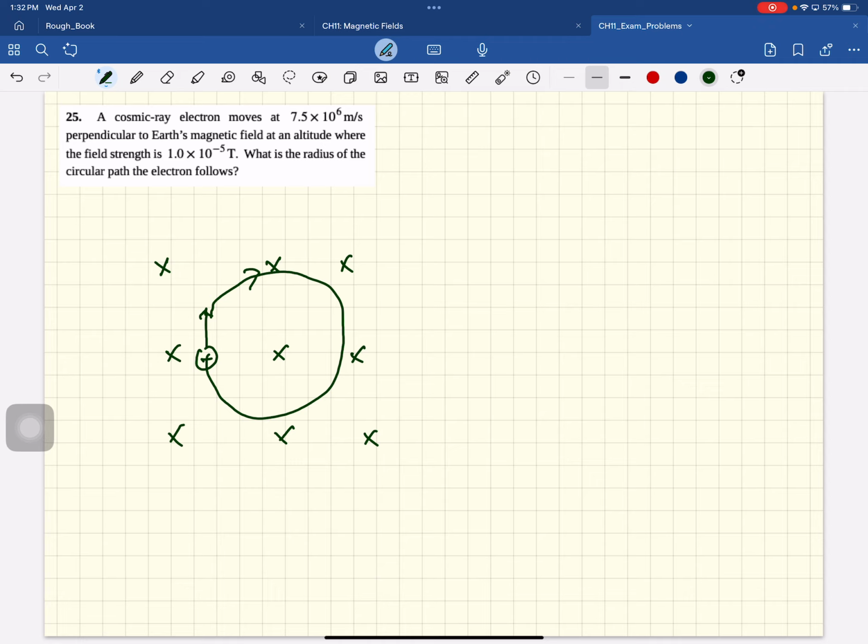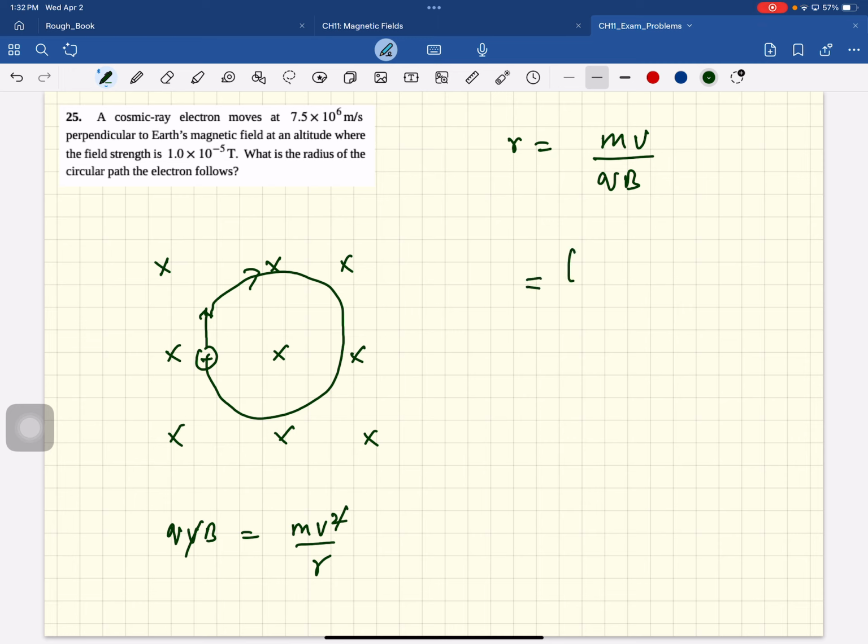And you saw that q V B will equal m v squared by r. So r is m v over q B. That's the radius of the circle, and it's an electron.